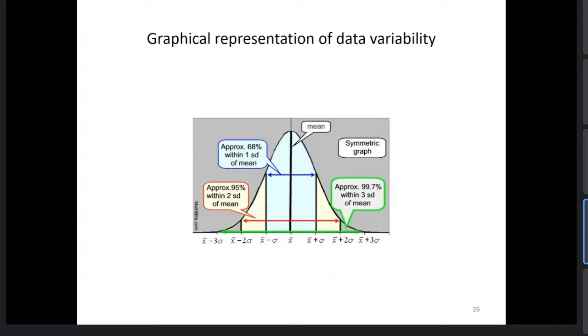X bar is the mean value, and you know that 68% of the total data set actually lies between x bar plus minus sigma, that is, in this range. And if you consider x bar plus 2 sigma and x bar minus 2 sigma, then we'll see that 95% of the data samples lie between this range.